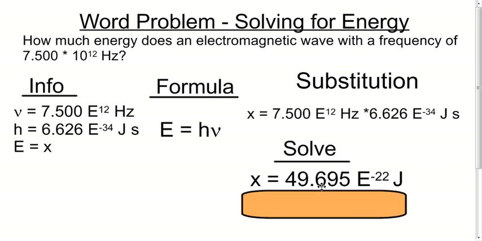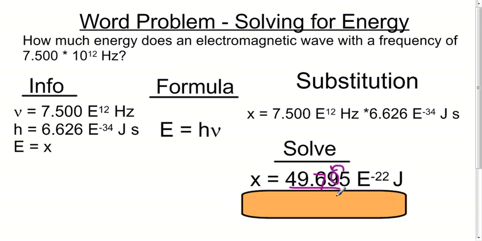So I get 49.695 e to the negative 22nd joules, and then I would round it and write it in correct format. These each have 4, so my answer can only have 4. So I look at the first 4 numbers and round accordingly. The 5 rounds up, so this is going to become a 0, and that's a 7.